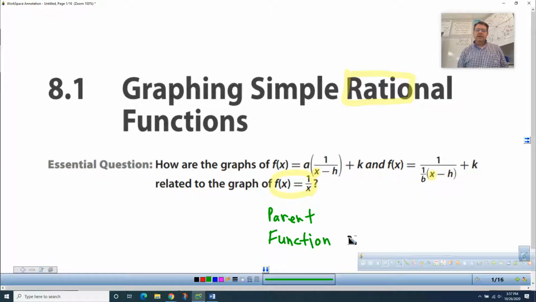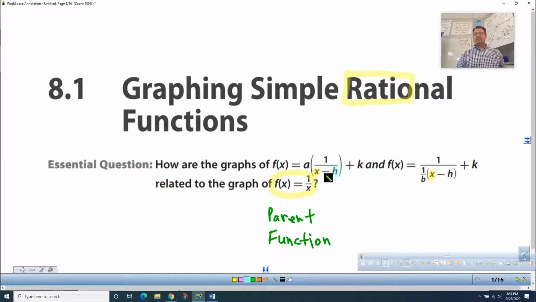Okay, and now check this out. Hopefully you've gotten familiar with this. This h and k thing's still hanging out here, isn't it? Now I know it's in the denominator, and we're not used to seeing that, but that x minus h is that vertex form that we've talked about with several other things. That x moves left and right, so that h is going to go left and right opposite what it seems.